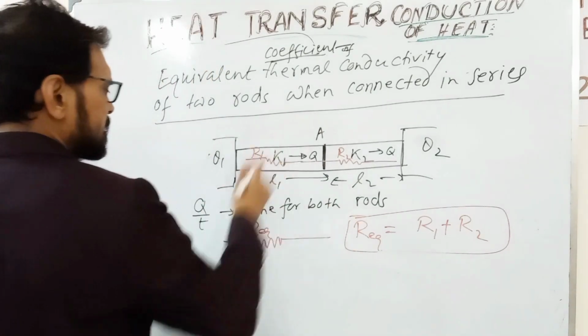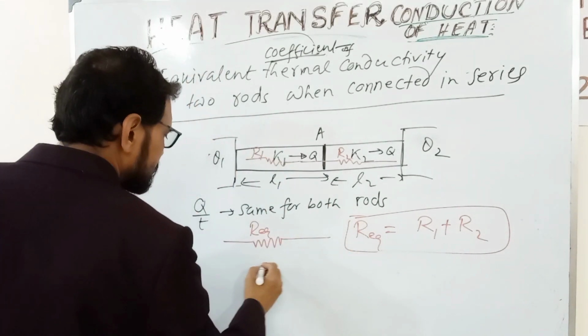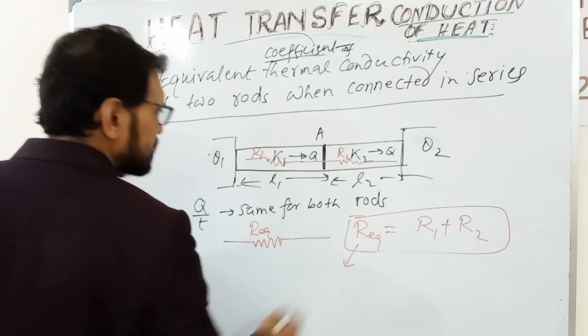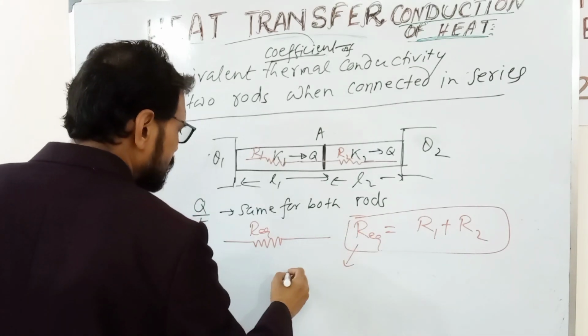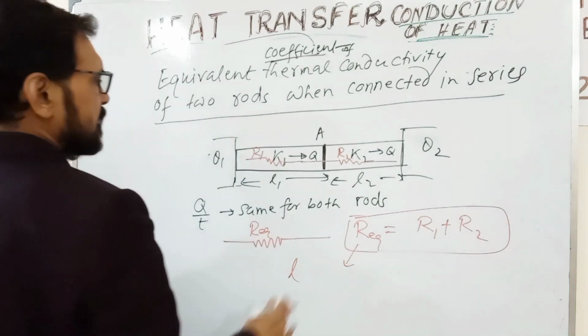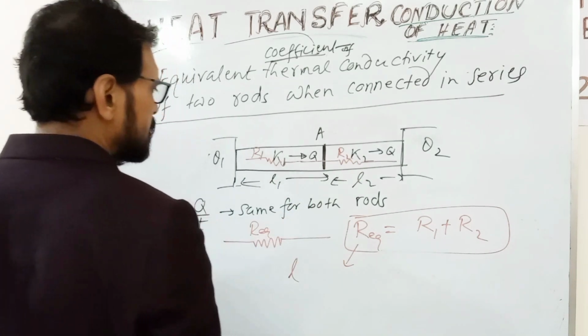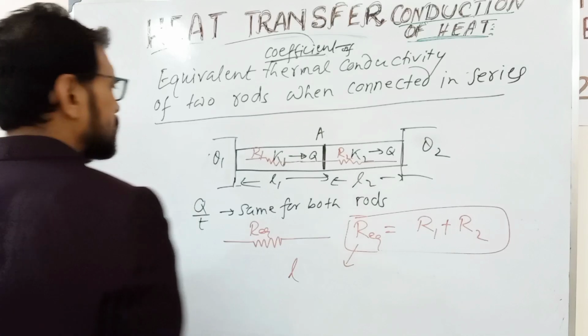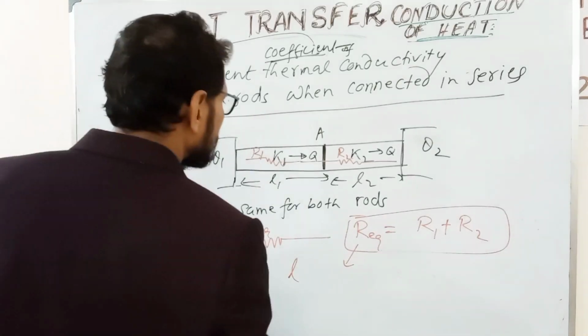Now if we compare this, the thermal resistance equals L by AK. What is the length? The length of the two rods is L1 plus L2. For thermal conductivity, we consider a single rod.